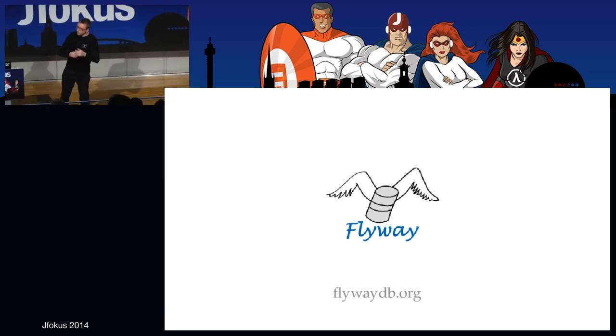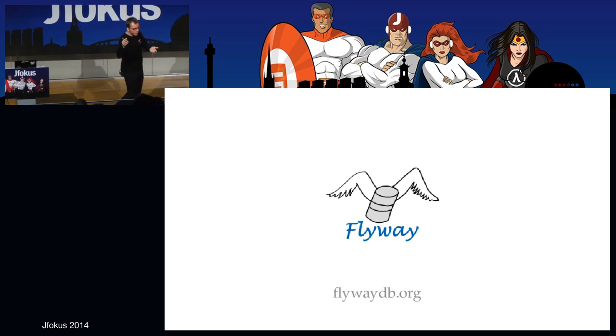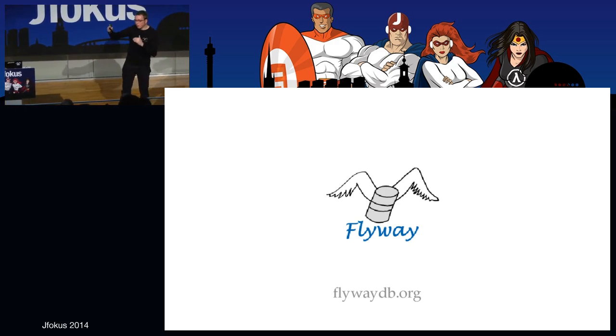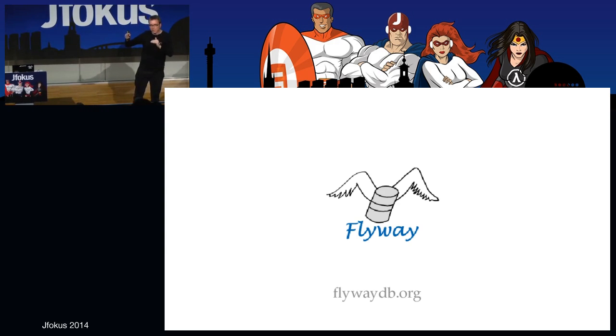So Flyway allows you, if you have a number of Delta scripts, to find out first in which version your database is. So let's say it finds out your database is in version 5. You have scripts locally available all the way to version 9. So when your application boots, Flyway is able to say, okay, I'm going to migrate it to version 6, 7, 8, 9. We're good to go.